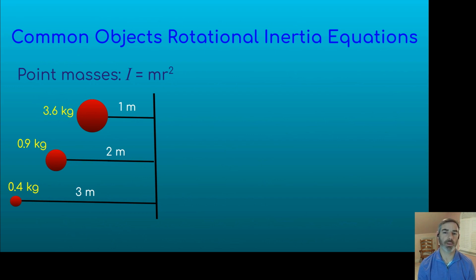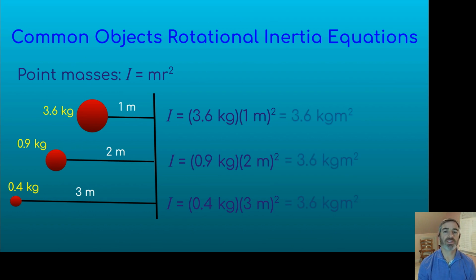We can substitute the masses and the radii in for each of the equations, and then solve for those rotational inertias. So we can see that all the rotational inertias have the same value, which means that if all three of these objects are rotating, they all would require the same amount of torque to cause them to come to a stop or to speed them up, because the rotational inertias are exactly the same.